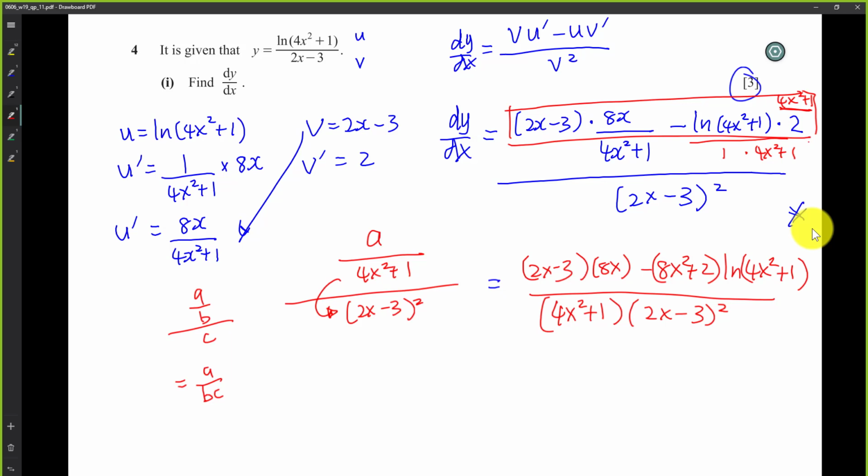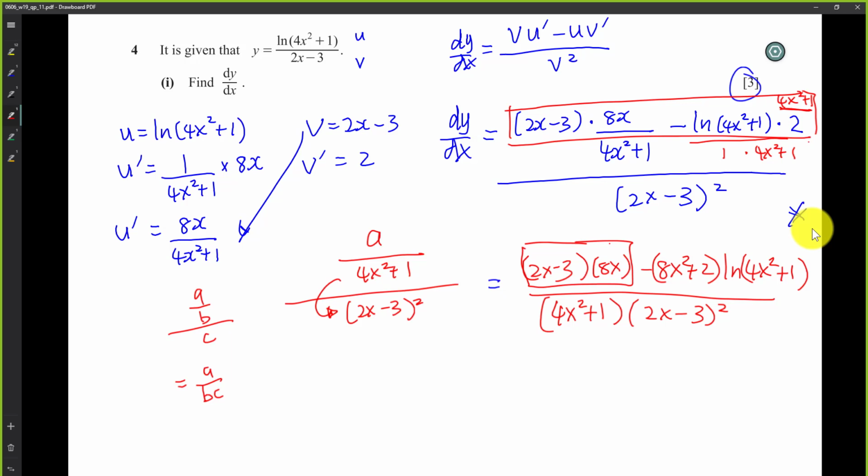Let me see, is it possible I get 4x squared plus 1 here? Because if here can give me a 4x squared plus 1, then maybe I can factorize this out and simplify at the bottom. Or if here can give me 2x minus 3, but here I can't get 2x minus 3, right? So there's no way I can simplify 2x minus 3 or 4x squared plus 1 from my numerator.